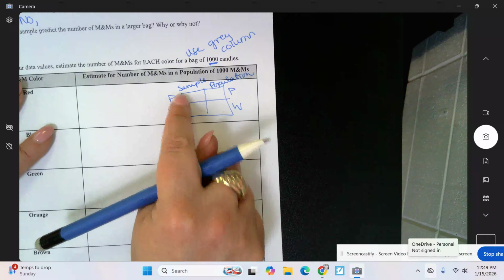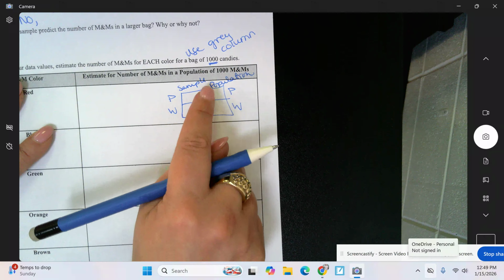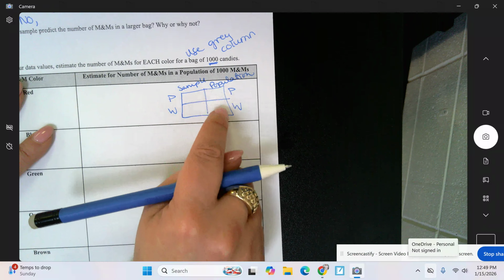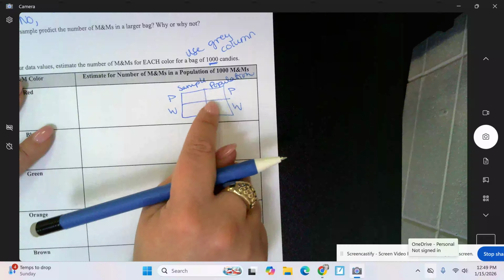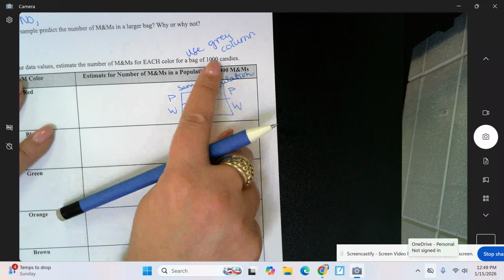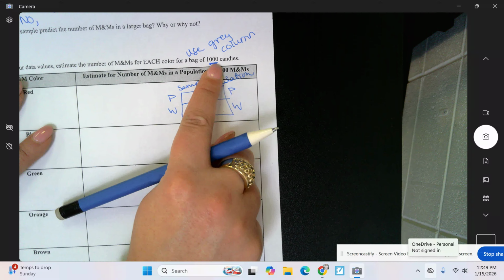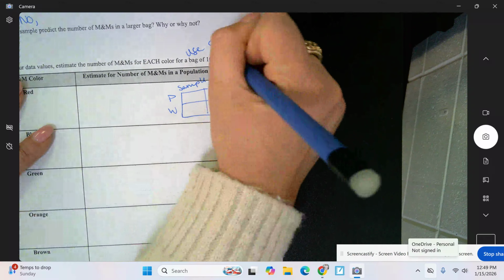How many reds out of the total amount of M&Ms from your sample data? How many reds out of, what are we looking at for our population? What number did they tell us our whole is going to be? 1,000 candies. Okay, our population, they're telling us right here, this is our population.